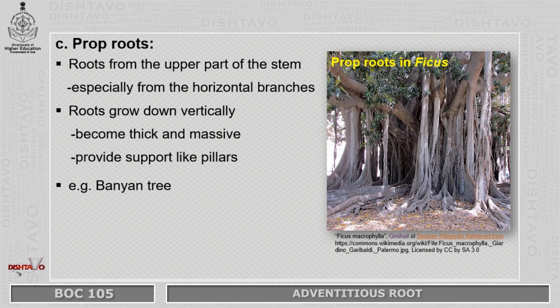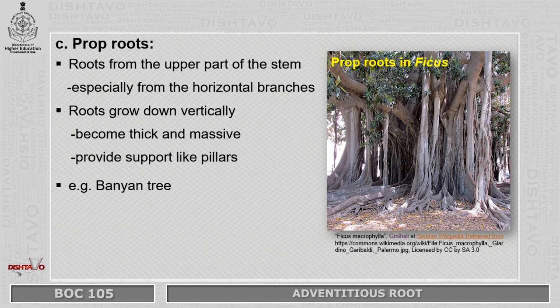Then we will come to the prop roots. These prop roots are again specialized adventitious roots. They arise from the upper part of the stem, especially from the horizontal branches, and they grow vertically down, reach the ground, and slowly become thick and massive. They are a very important support structure, like a pillar to these branches.